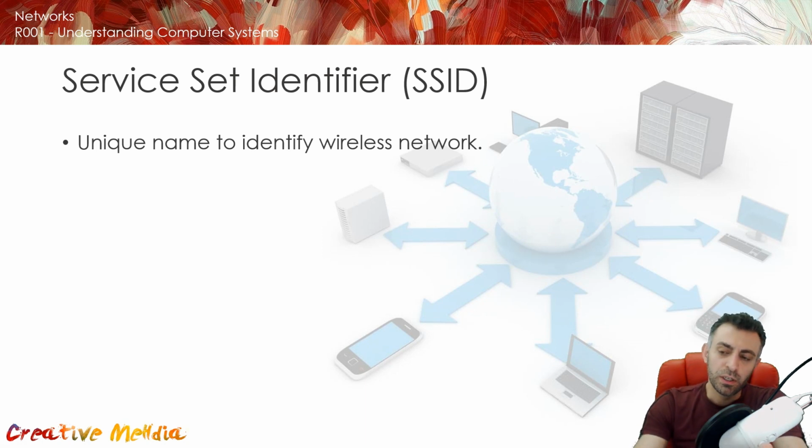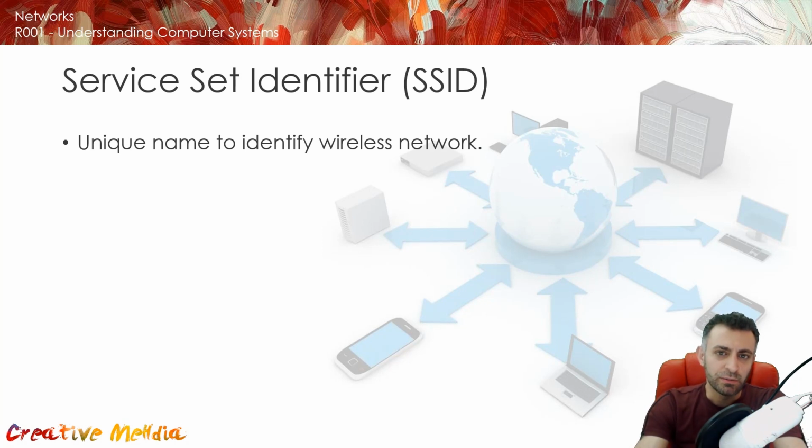If you go to a public place, gym, hotel, restaurant, and you want to connect to their SSID, to their wireless network, to their wireless access point, on your phone you usually see the closest wireless access points. The name that appears on your device is essentially the SSID.